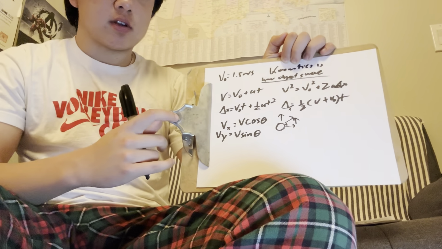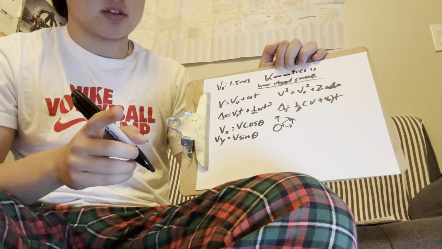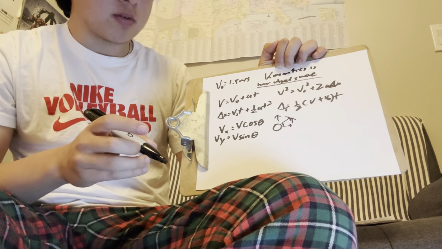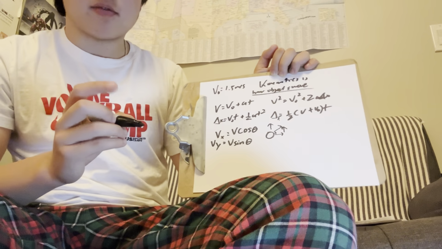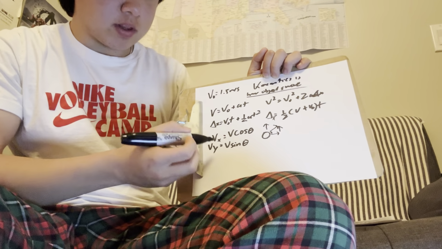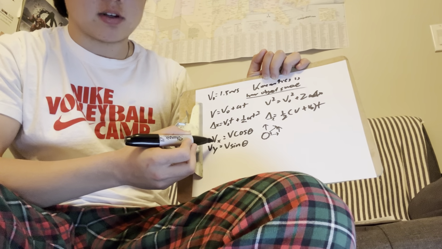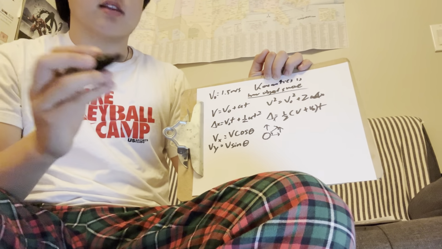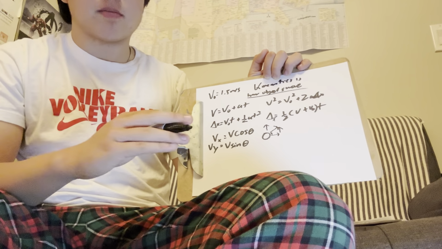Okay, so if we look at these equations, which one are we going to use? That's a good question, and it comes down to a few things. First, in the x direction, there is no acceleration. Velocity is constant.